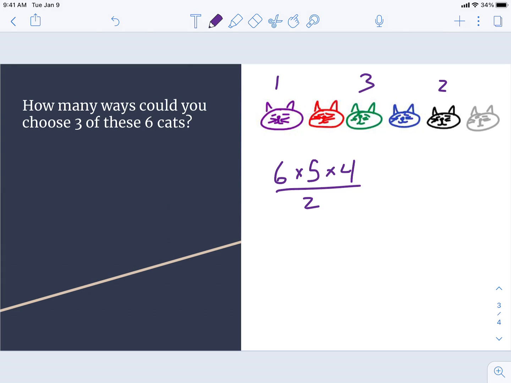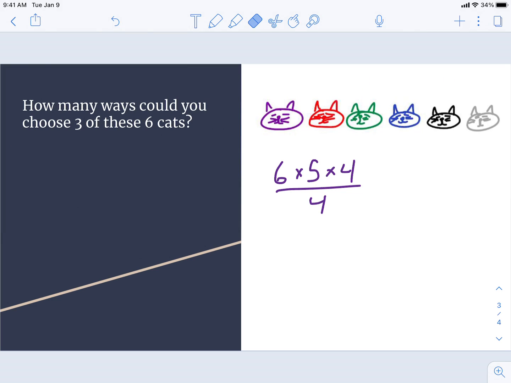All right, but there's actually more, right? Because maybe I chose the green cat first, and then the purple, and then the black. So that's now 3 total choices, 3 different ways that I could have done it. And maybe I still did the green cat first and then the black and the purple last. So now I'm up to 4 different choices.